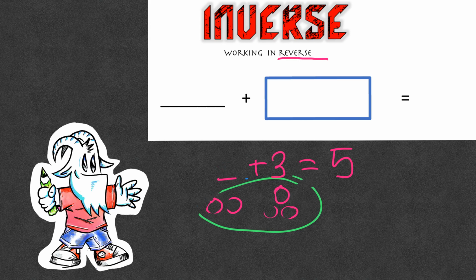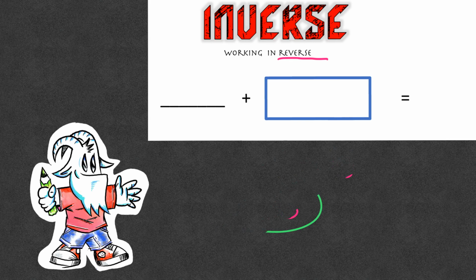Now, when it comes to inverse, it's the missing box problem. It's when we know the ending. So let's say we have the ending of the number that you're very familiar with, 100. And we know the beginning of the problem, which is 25.